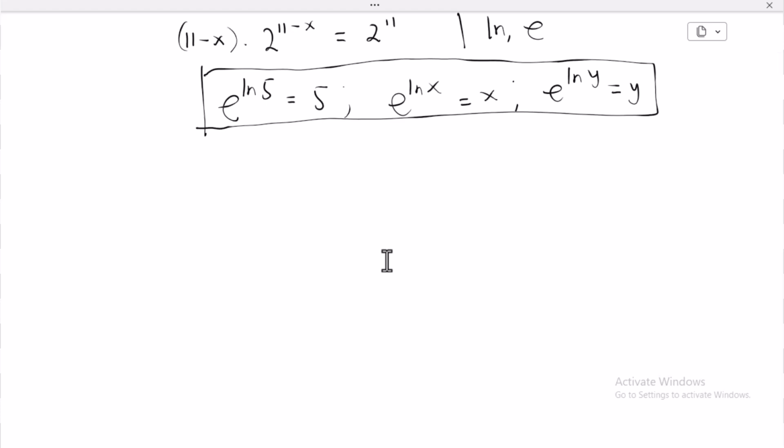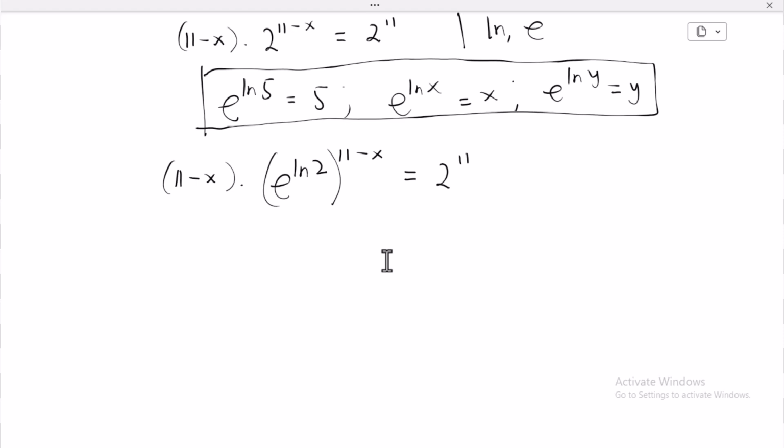So we have 11 minus x multiplying, in place of 2, e to the power natural log of 2, which is the same as 2. Now, that entire expression raised to the power 11 minus x is equal to 2 to the power 11.